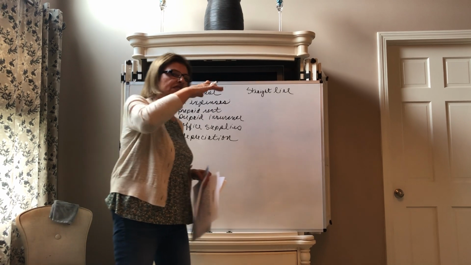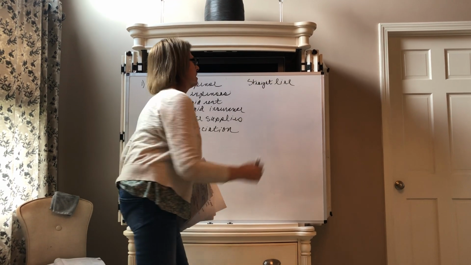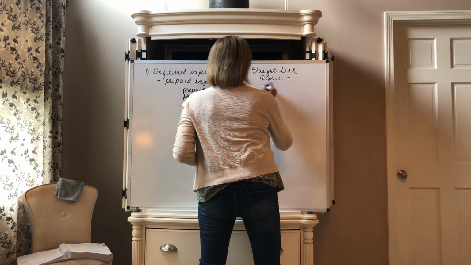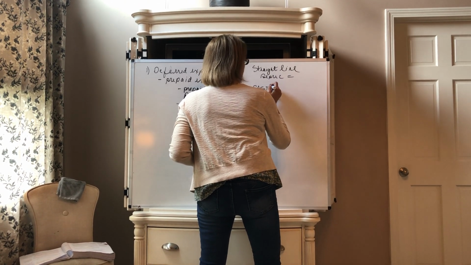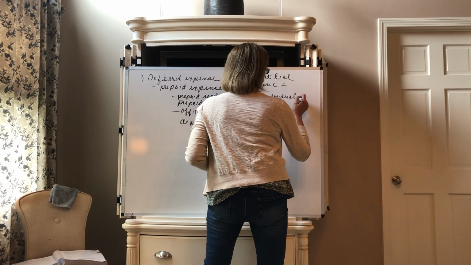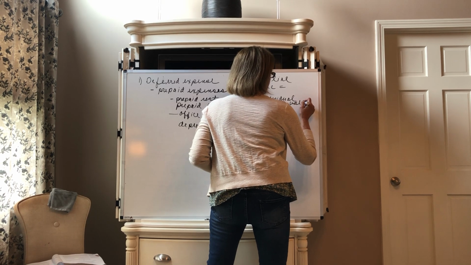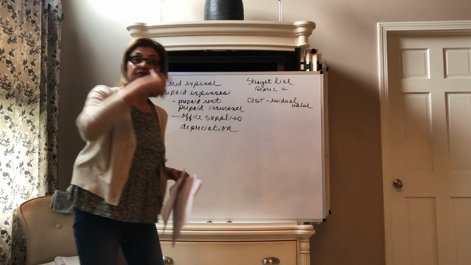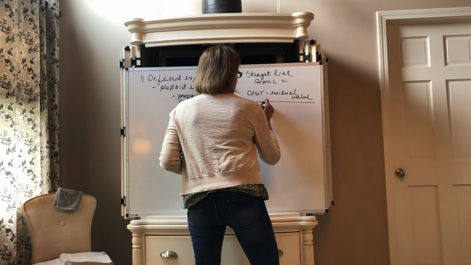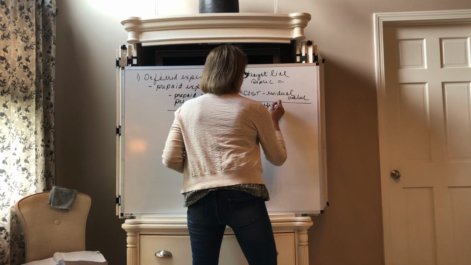So you could connect the dots and you'll always have a straight line. So straight line depreciation equals cost, whatever you paid, minus what's called a residual value, which means statistically what the value would be after it's all depreciated. That's the numerator. The denominator is the useful life in years.